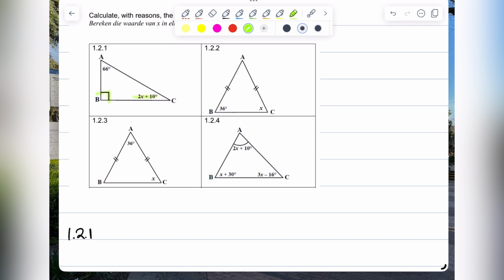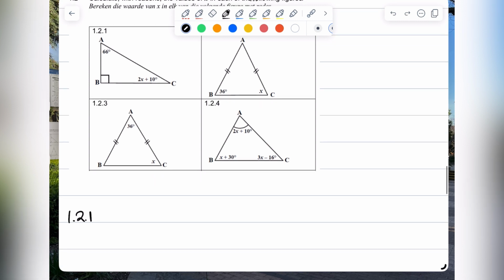Now, when it comes to triangles, of course, we know that there are two basic properties of triangles at your level, and that is the interior angles of a triangle sum up to 180 degrees. Die binnehoeke van 'n driehoek som op na 180 grade.